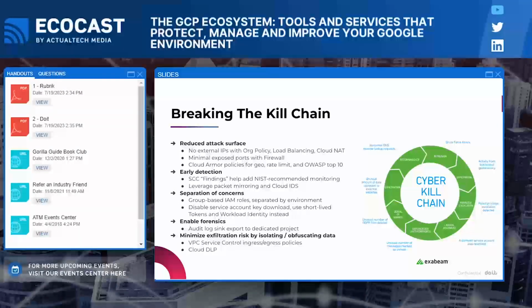And then you can leverage encryption, customer-managed encryption keys, or data loss prevention, Cloud DLP, for obfuscation to further protect your data if it does fall into the hands of the wrong party. So those are some of the resources that Google offers.